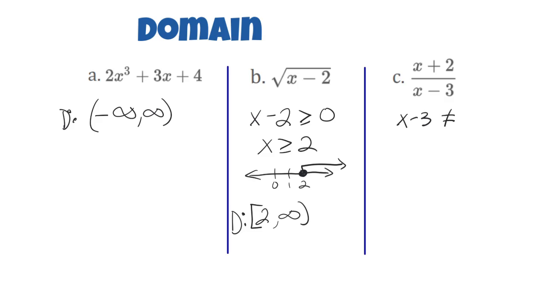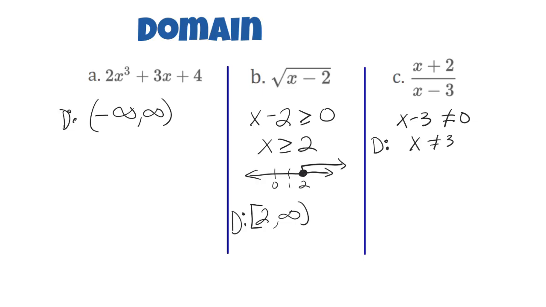X minus 3 cannot equal 0, which means by adding 3 to both sides, x cannot equal 3. So that's my domain. Now, sometimes you're going to be allowed to just write it like that. In my math lab, it maybe will let you just ask you what can x not be, and you would just list 3. But in interval notation, that would look different.